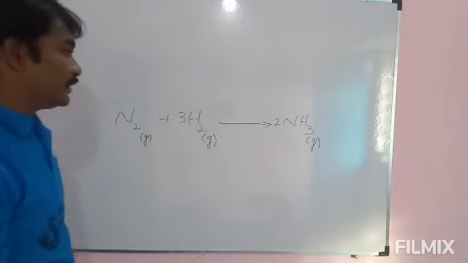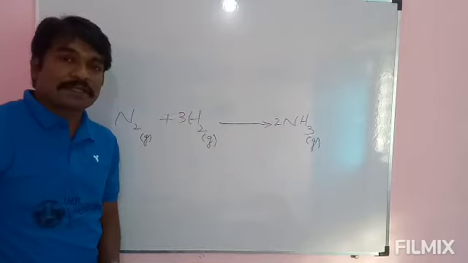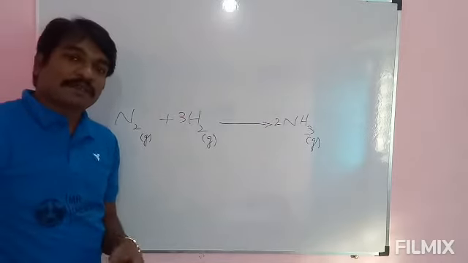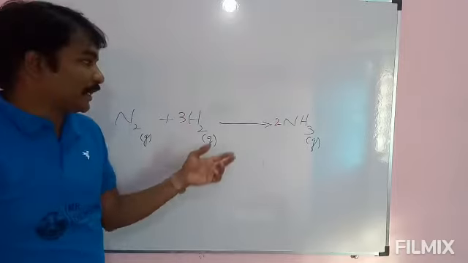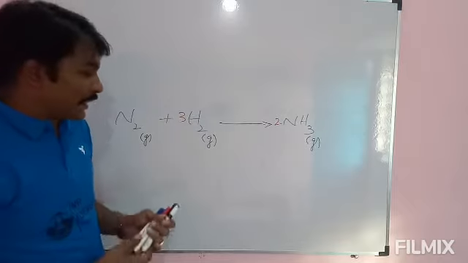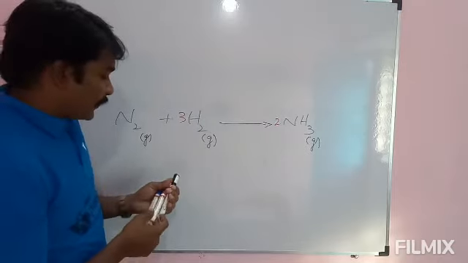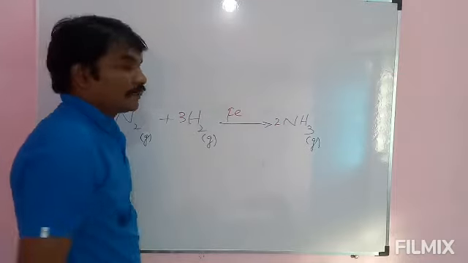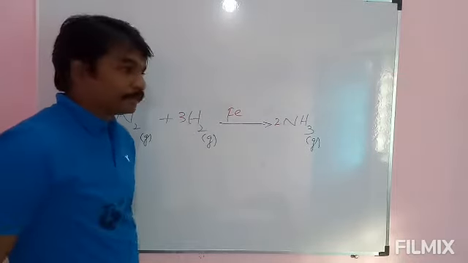And see here, if any special things like catalysts are involved in these reactions, we have to mention the special features involved in chemical reactions above the arrow mark or below the arrow mark. Here iron acts as a catalyst, that's why we have to write iron on the top of the arrow mark.